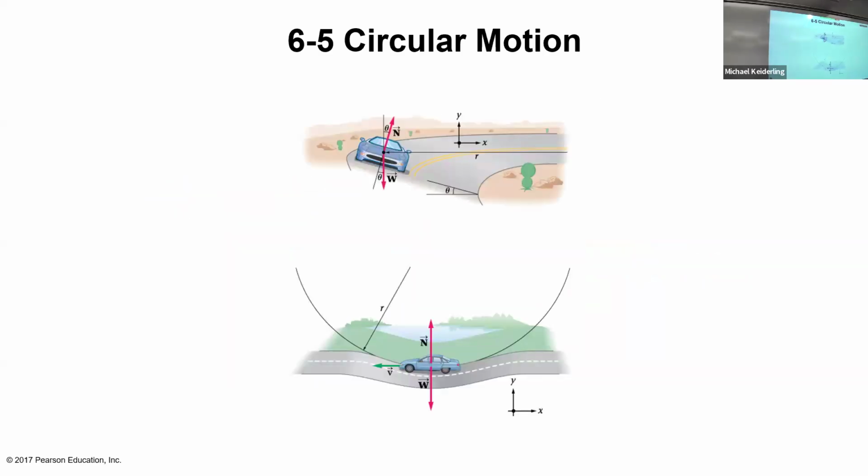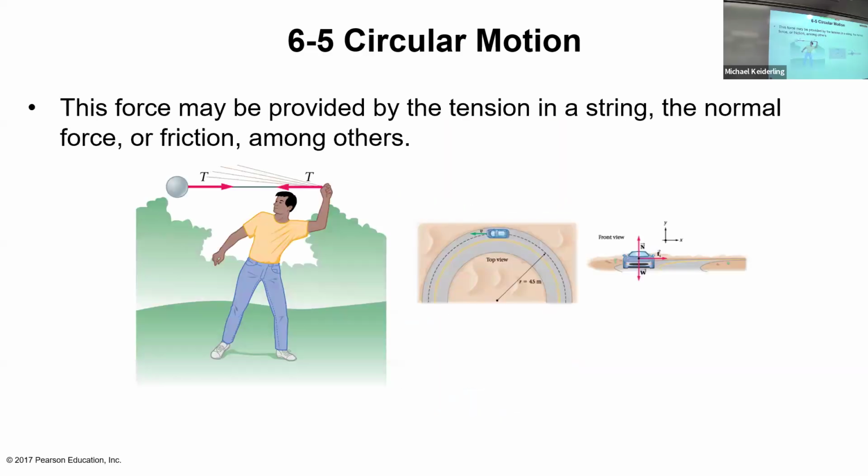The centripetal force is mass times velocity squared over radius. Here it's from a string, here it's from friction.